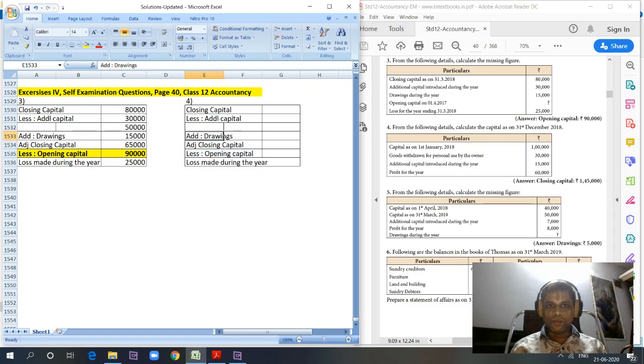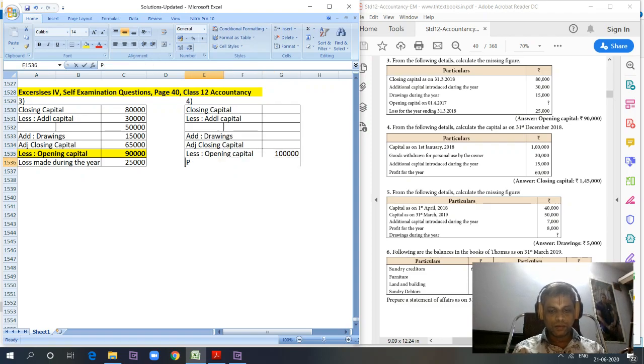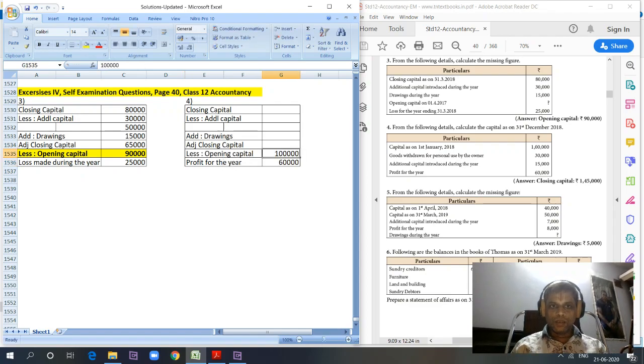Now what we have here: capital as on 1st January 2018, that is 1 lakh. Opening capital is 1 lakh, and we have profit for the year 60,000. So adjusted closing capital is equal to profit for the year plus opening capital, that is 1,60,000.